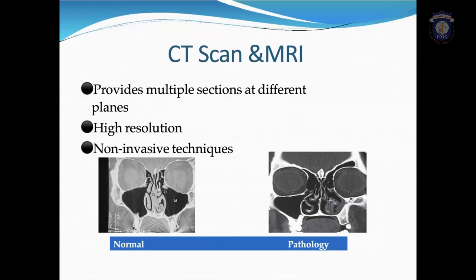Hence, you can see in this picture the normal maxillary sinus, whereas the pathology can be clearly made out in CT scan and magnetic resonance imaging. The only problem with CT scan and MRI is that they are slightly expensive.